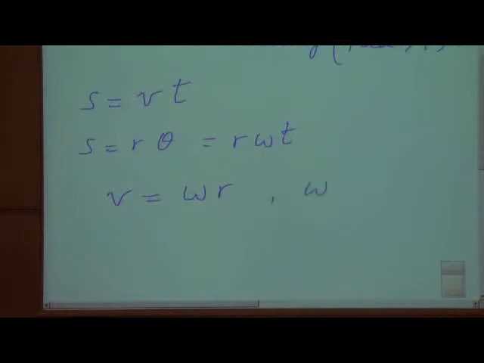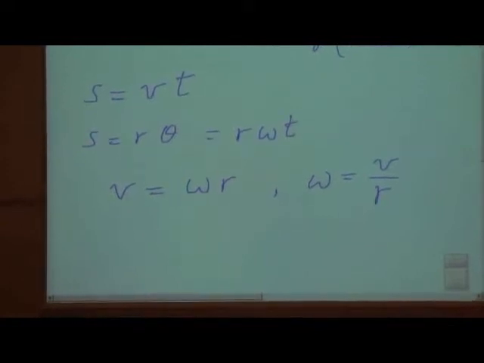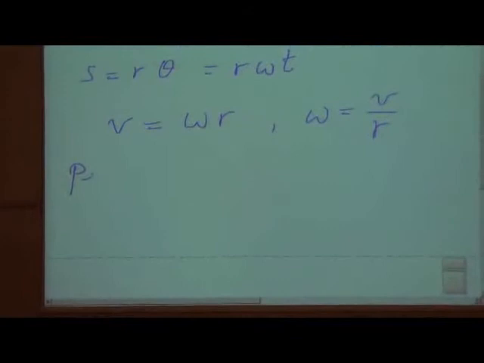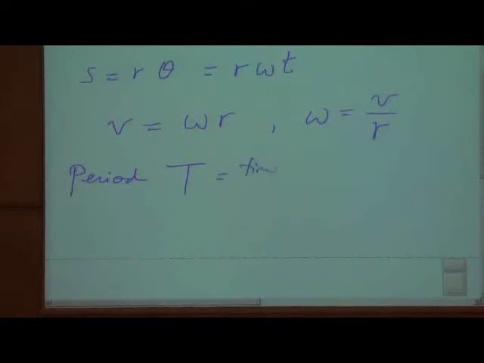So v is nothing but omega times r. And omega is just the meter per second speed, or velocity, divided by r. Is this clear?